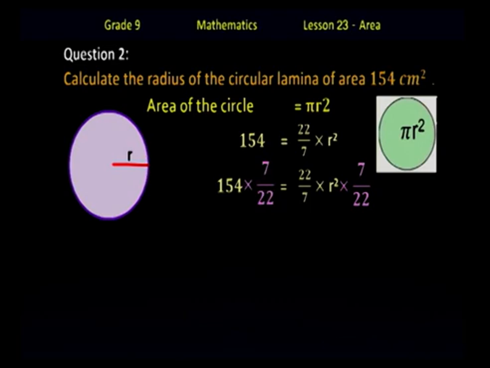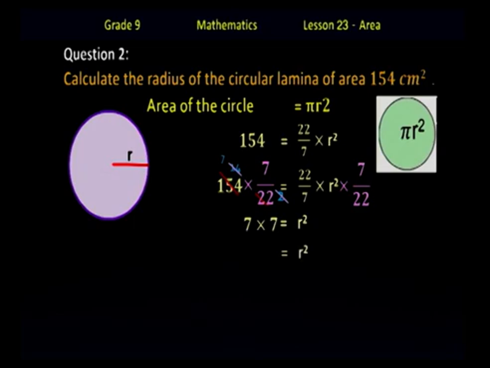Now, you can divide 154 and 22 by a common factor. The factor is 11. 154 divided by 11 and 22 divided by 11 give 14 and 2. Then 14 and 2 you can simplify by 2, and the answer is 7. Then you can write r squared is equal to 7 into 7, which is 7 squared.